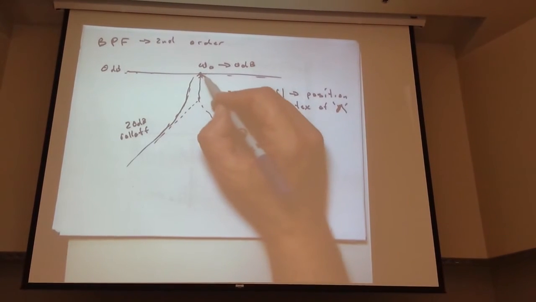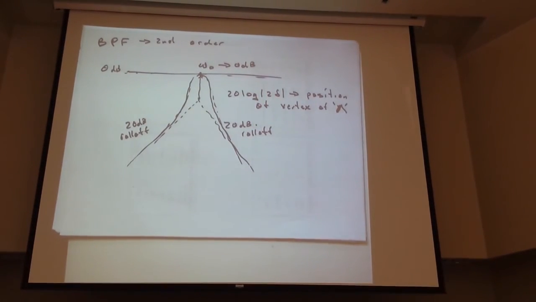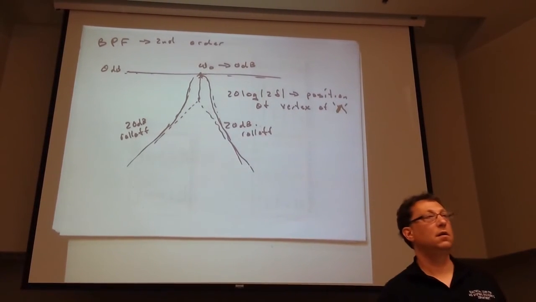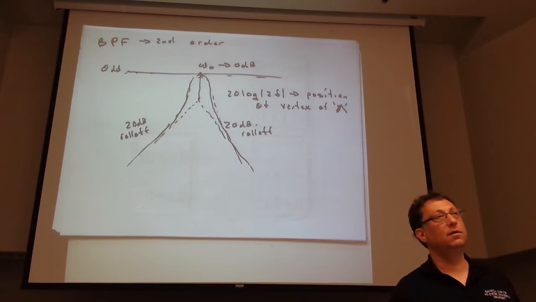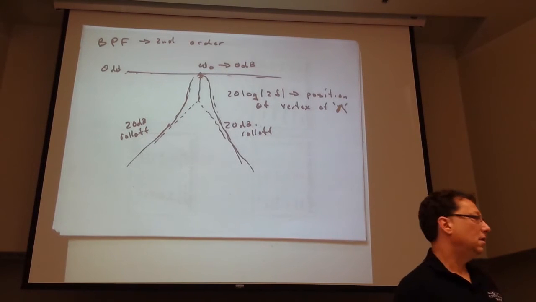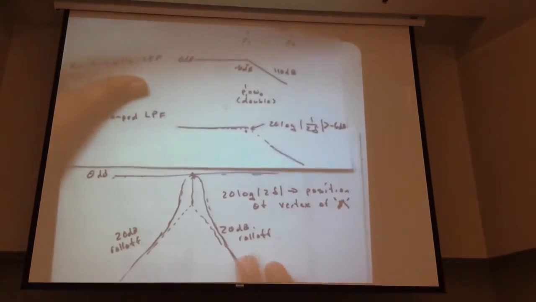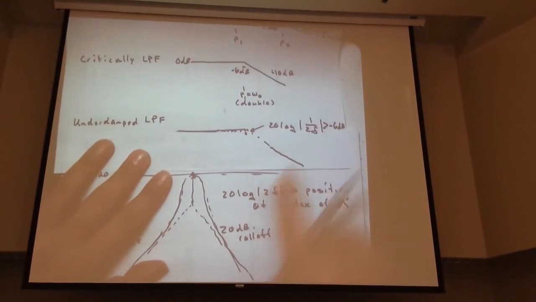Did that answer your question? Yeah. So once again, is that 20 log 2 times the damping ratio the distance of that line from the vertex to 0 dB? Yes. This really works for the bandpass. Well, just to point out the logarithms, these are the same.